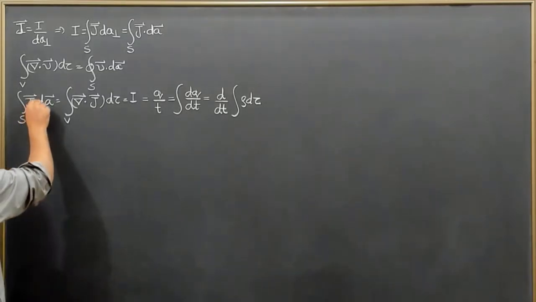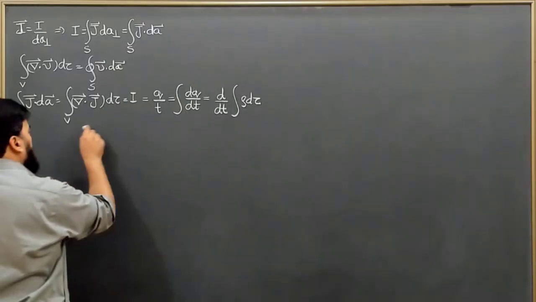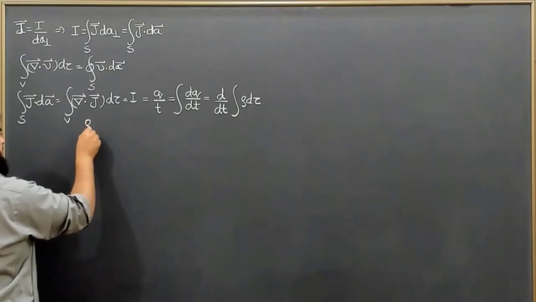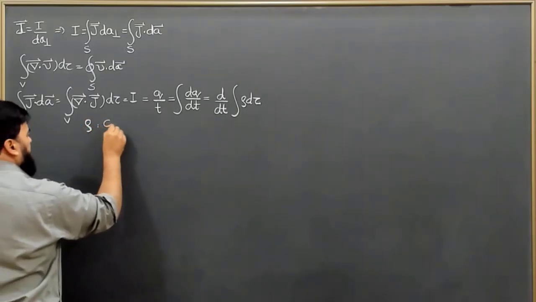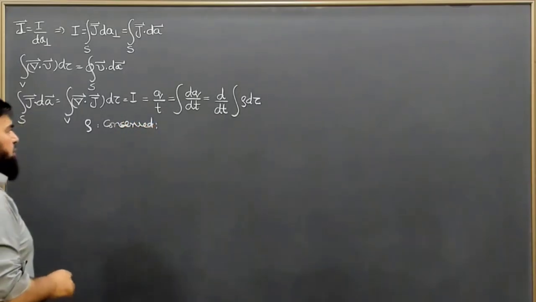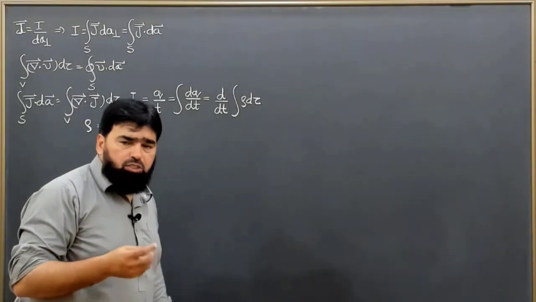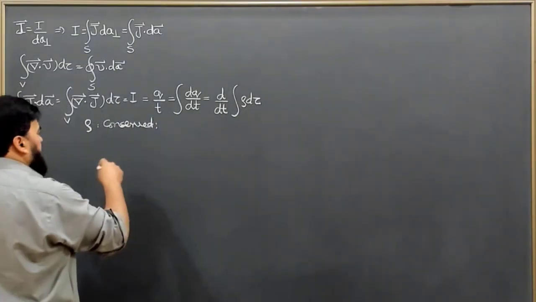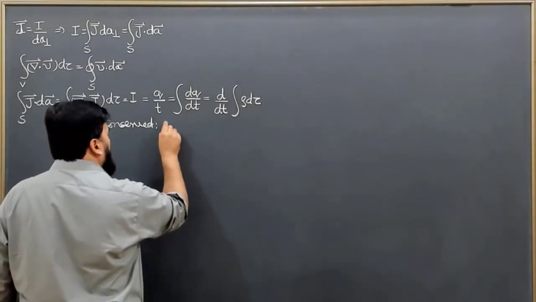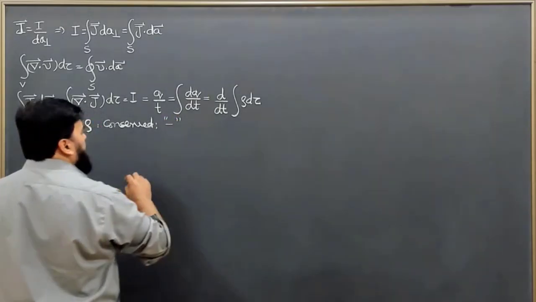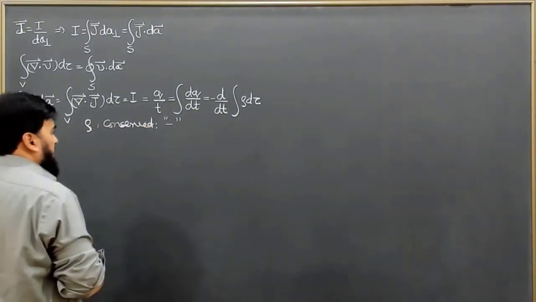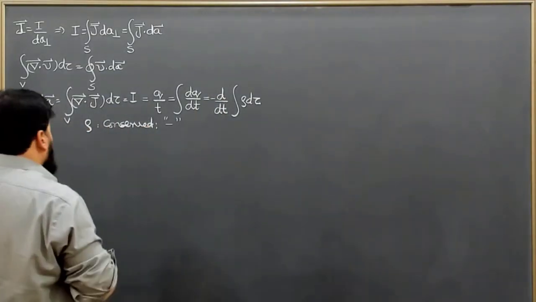We know that rho is the charge density, the charge in the conductor. This is conserved. So when we take the derivative of this, it means the charge will decrease and its derivative will give a negative. So we put a negative sign in order to compensate for that conservation.